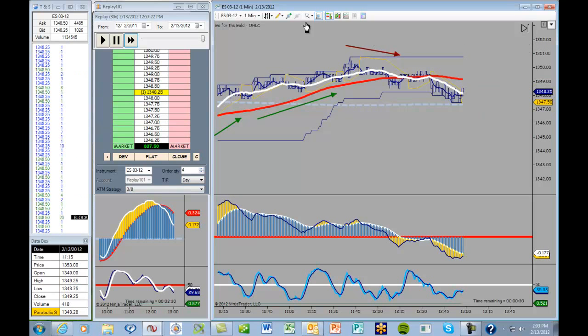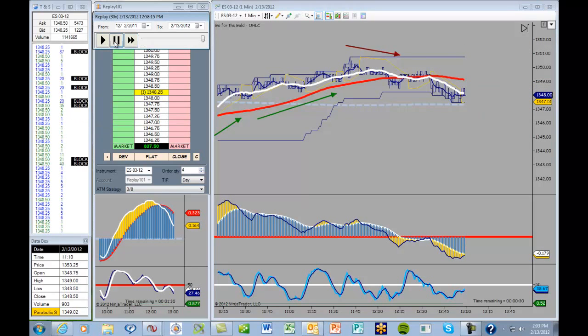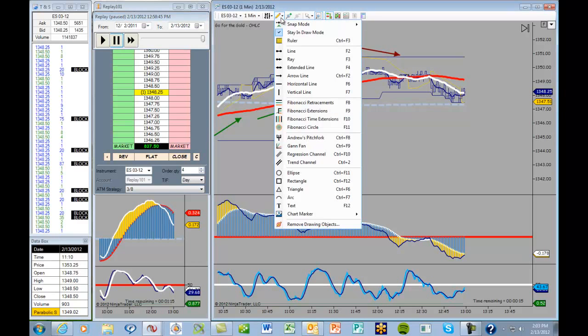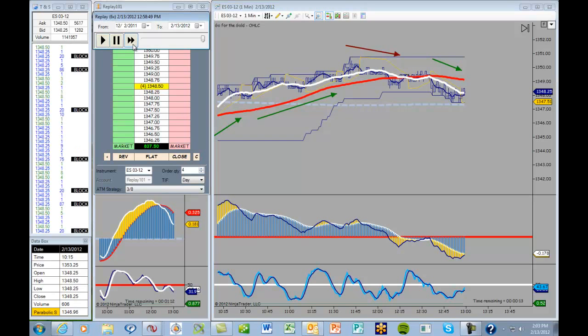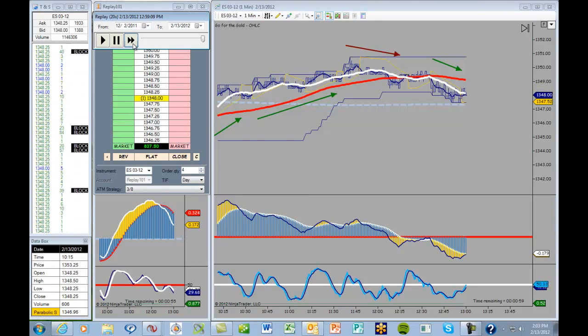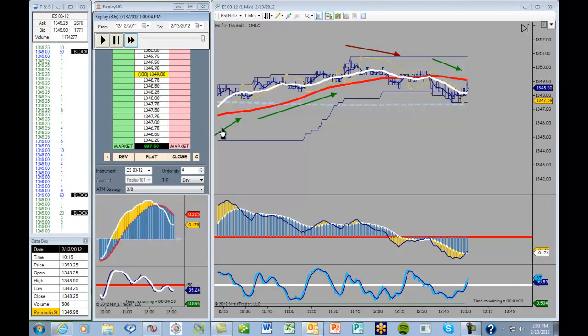Okay, stopped out. Let's pause and draw another winning trade arrow here. And back again. Well, it looks like we're flipping to the upside now.